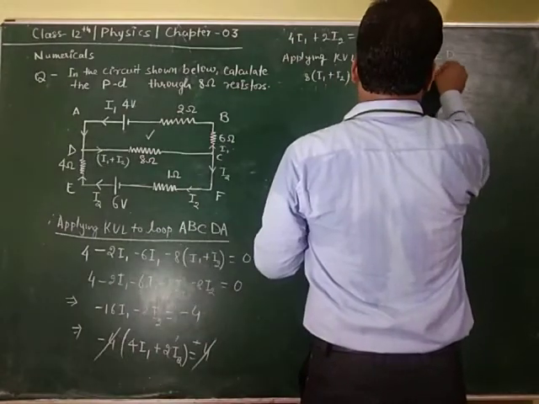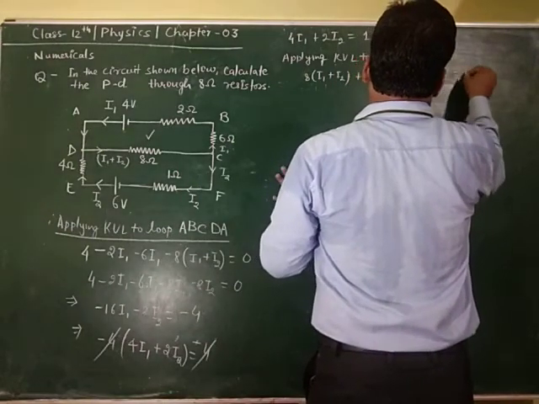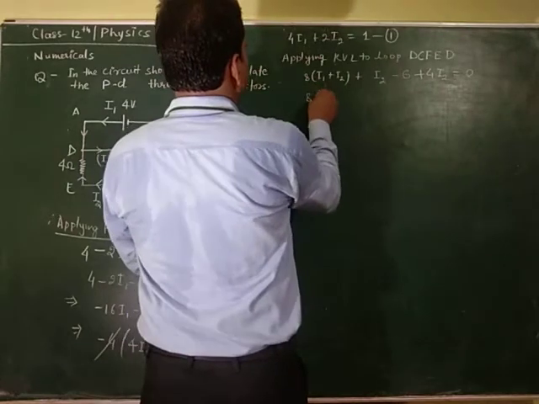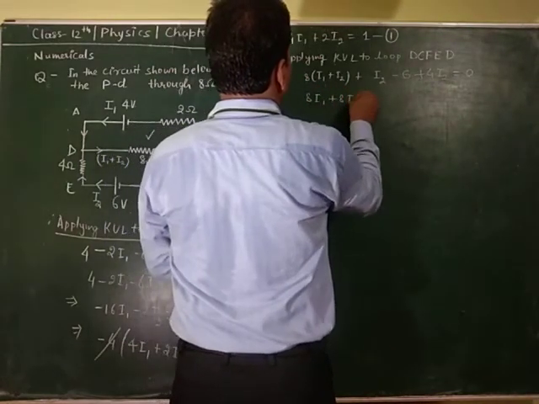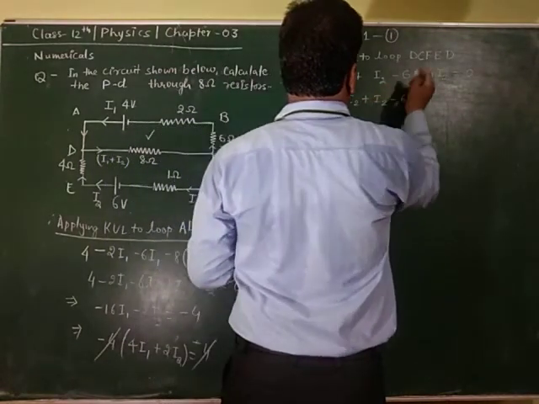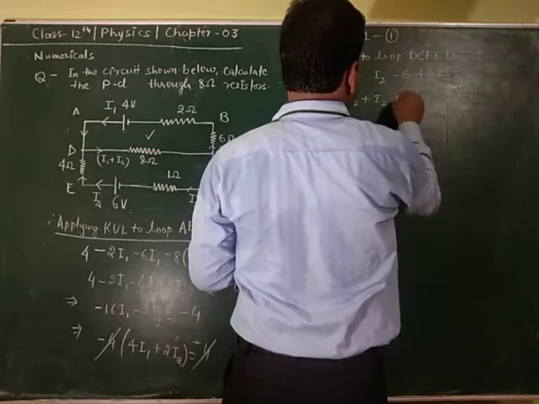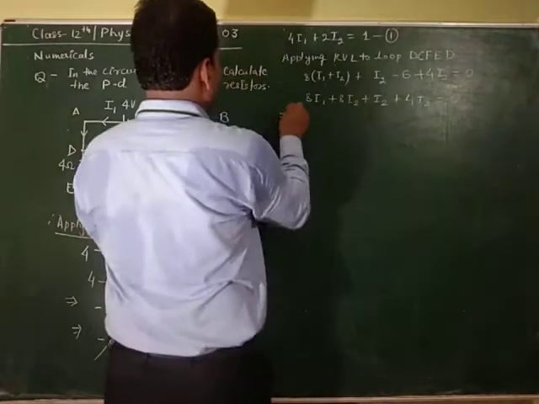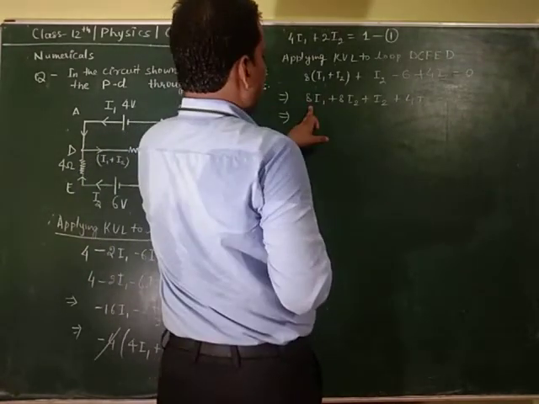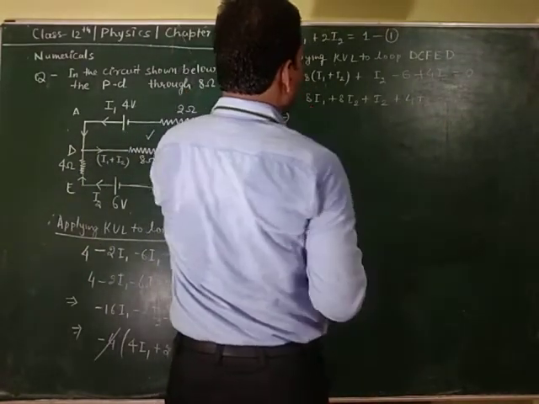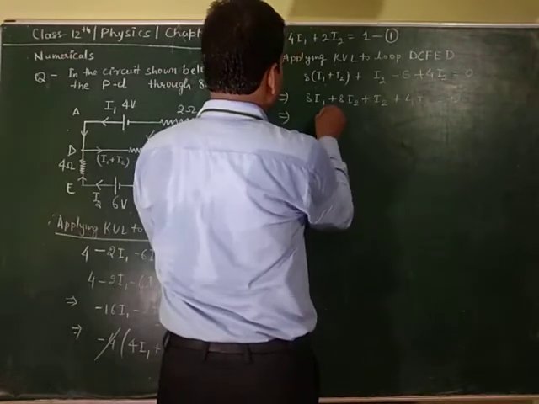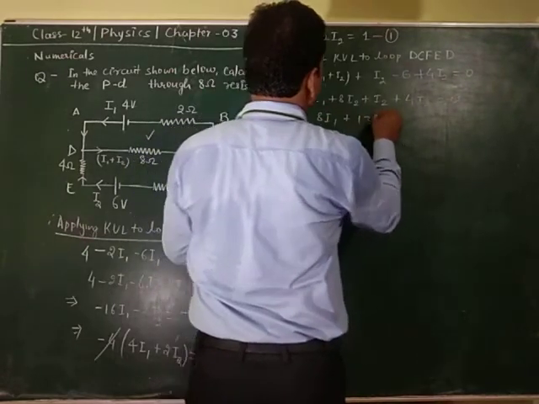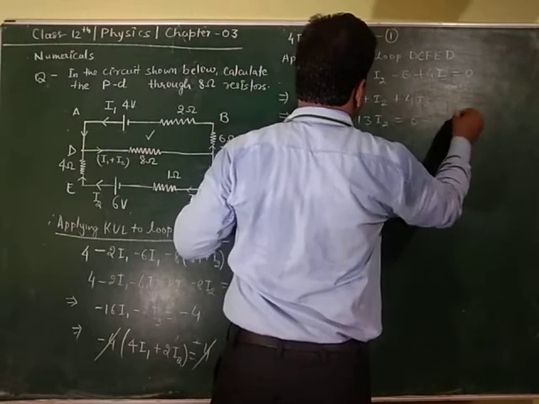So 8 times I1 plus I2, plus I2, minus 6, plus 4I2 is equals to 0. Transposing, 8I1 plus 13I2 is equals to 6. This is equation number 2.